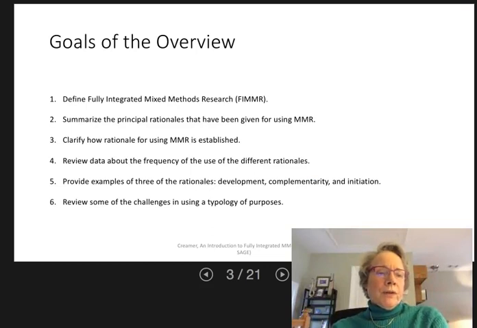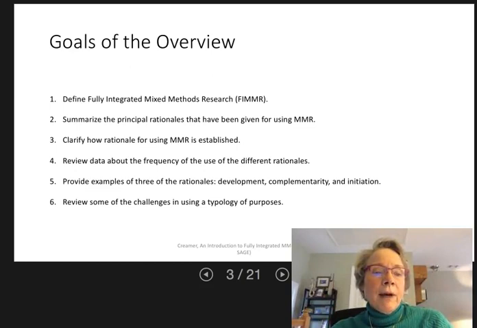So my goals in this particular overview is first to explain what I mean by fully integrated mixed methods research, the title of the book. Then I want to talk about the principal reasons that have been used to describe the purposes of mixed methods research.